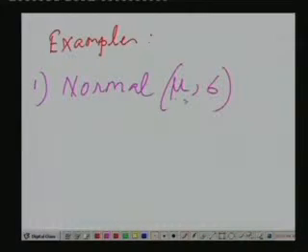This is also Gaussian. Sometimes it is called normal, sometimes it is Gaussian. Its formula is Px.